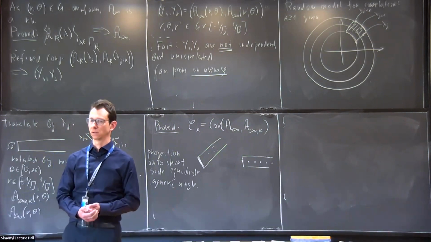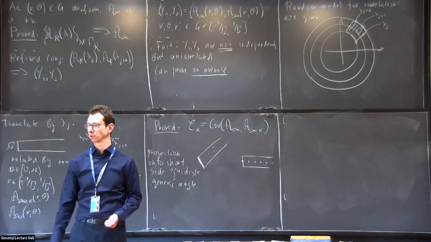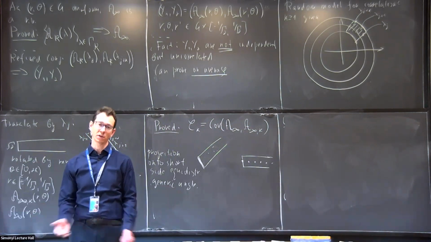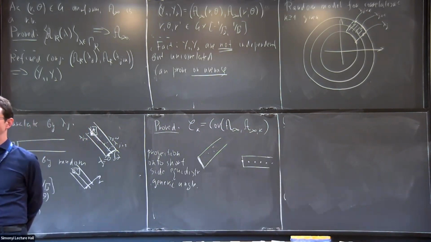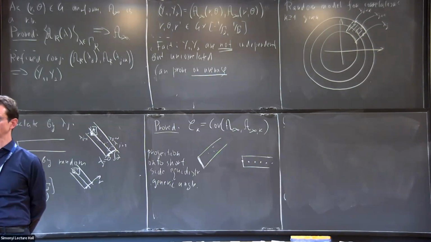You'll get different distributions. But for this specific problem, I think the squares are the most natural and obvious choice. But it becomes important actually.